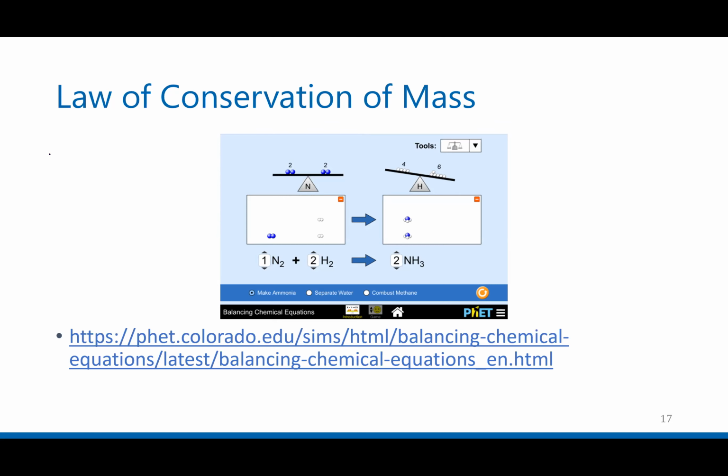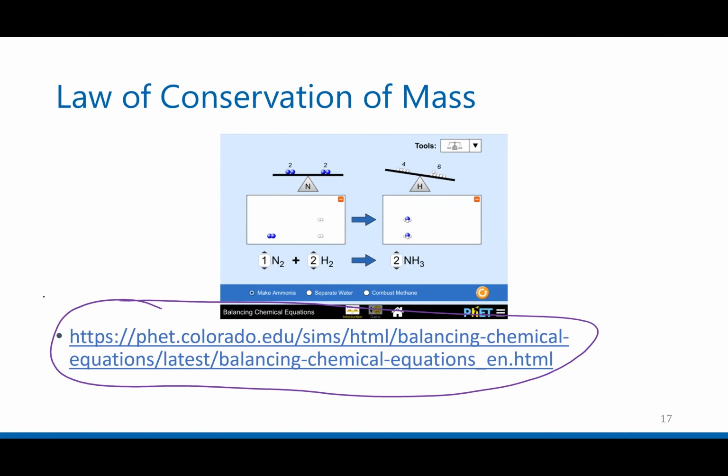So if you're bored today or tomorrow or before next class, go to this website. You can type the link into your web browser, or go to my D2L, open the PowerPoint itself, and click on the link. Or you could just type into Google fhetcolorado.edu, and then maybe balancing chemical equations.